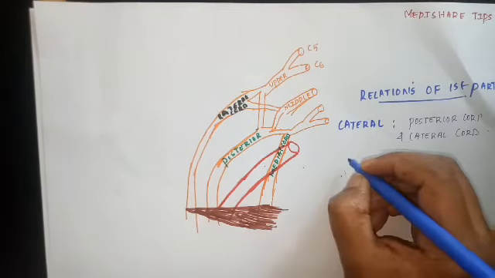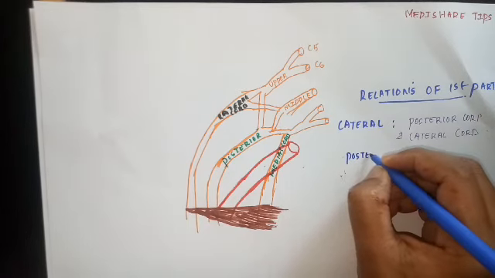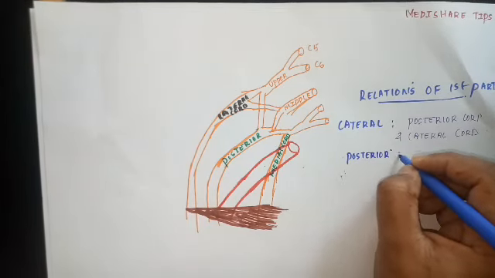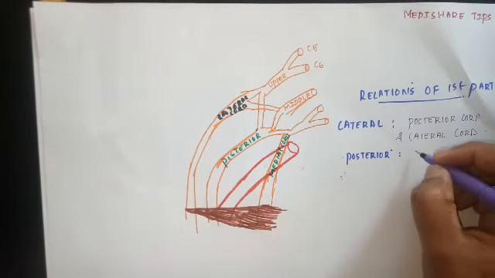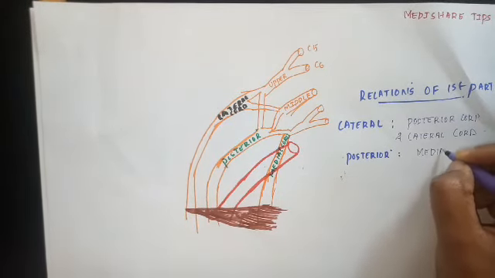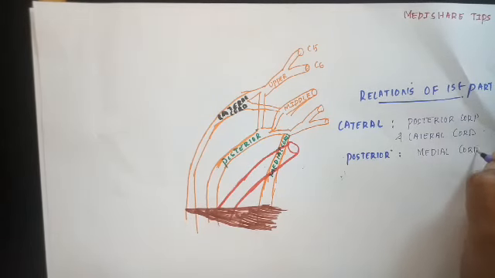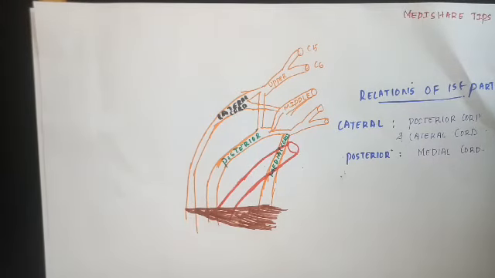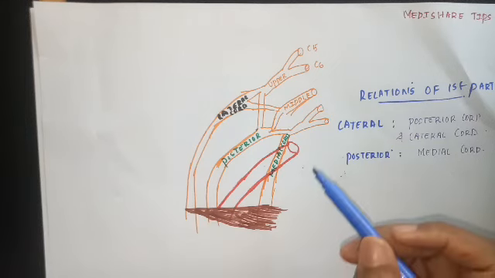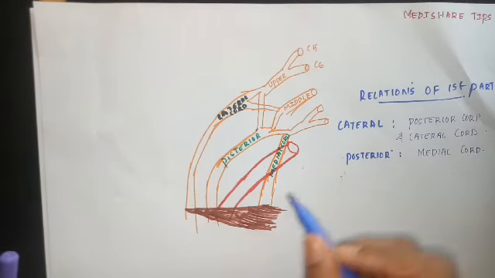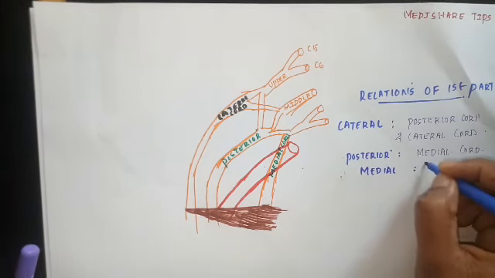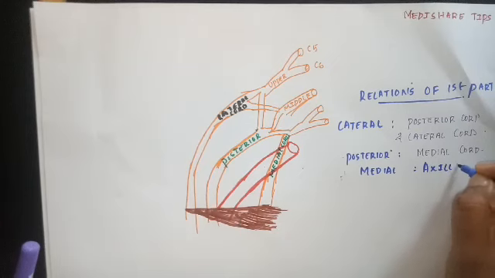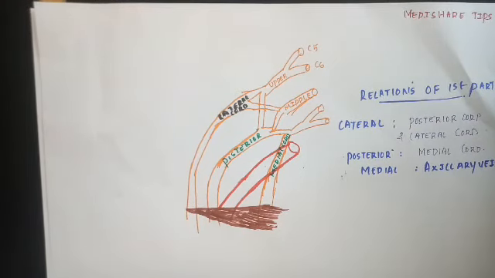And the posterior relation is the medial cord of brachial plexus. And axillary artery is related in all its parts medially to the axillary vein. So medial relation is always the axillary vein. So that's all about the first part.